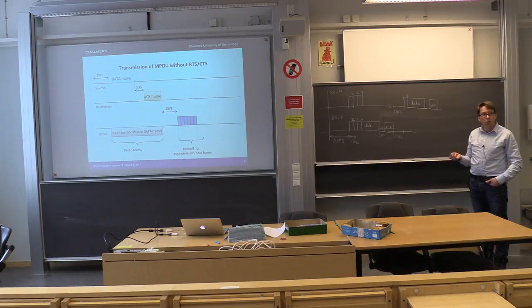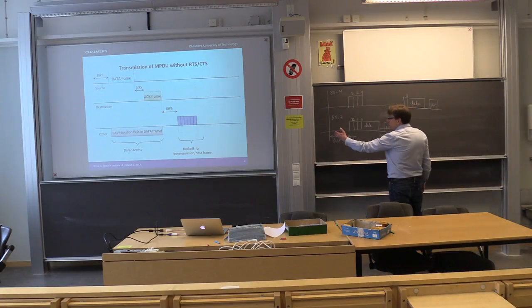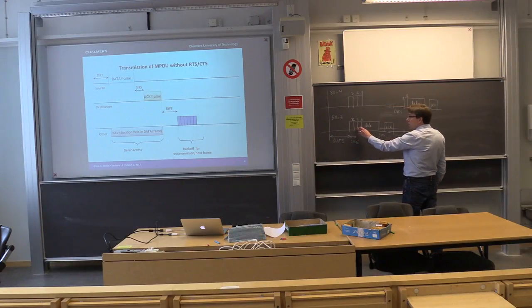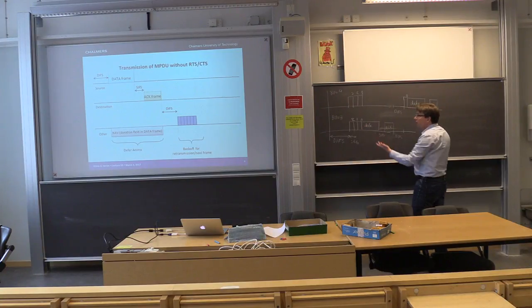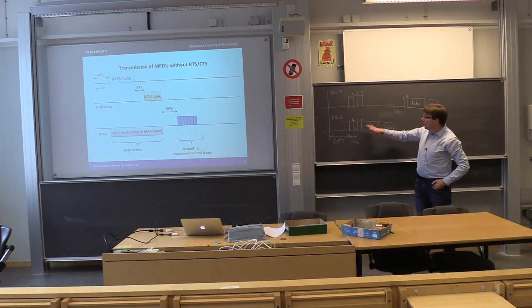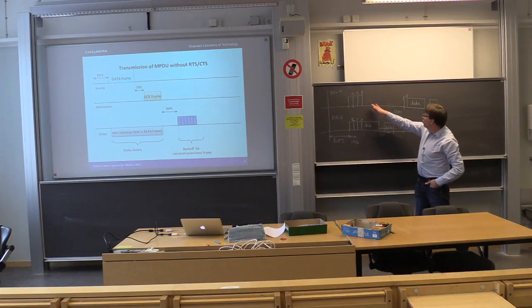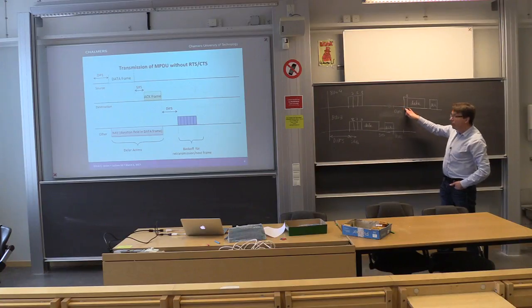So here's how it works, right? Whenever the channel is busy, we wait until it's free for a DIFS, and then we start to count down the backoff counter. If during this backoff we determine that the channel has become busy again, we have to wait until it becomes idle for a DIFS again, and then we resume the backoff counter.